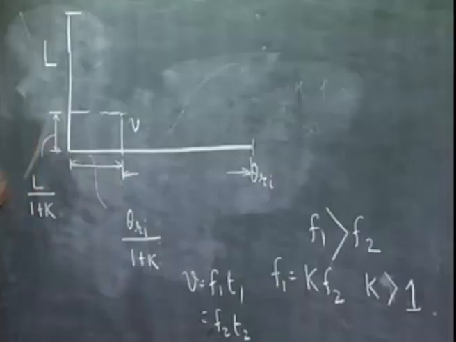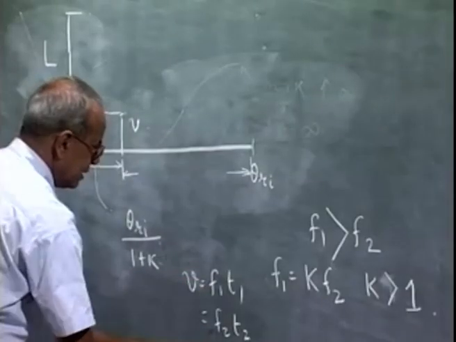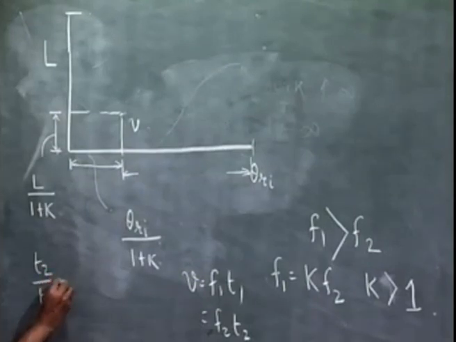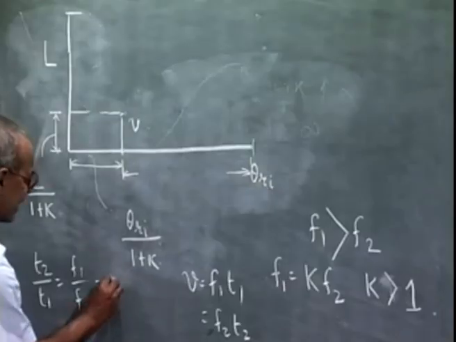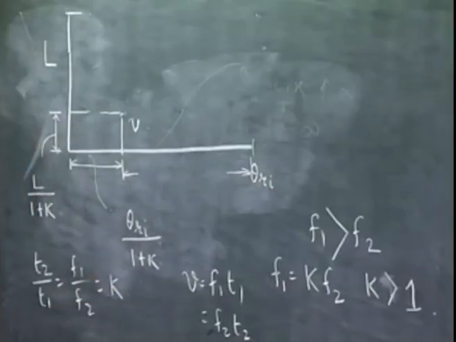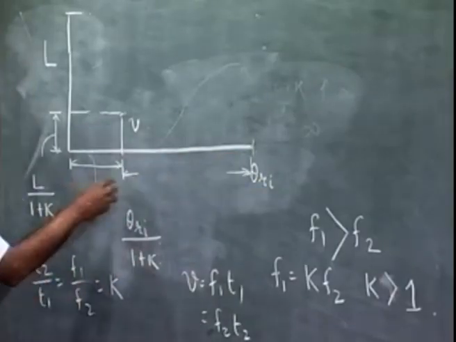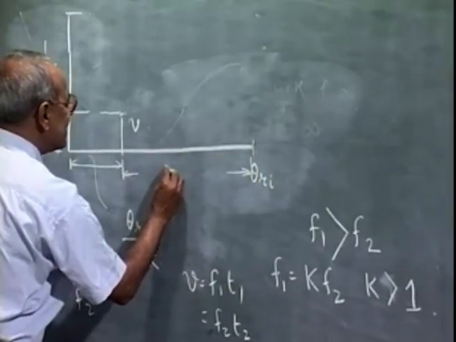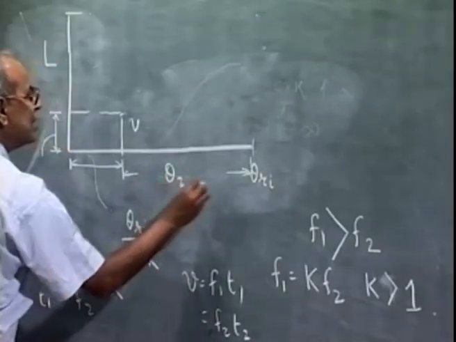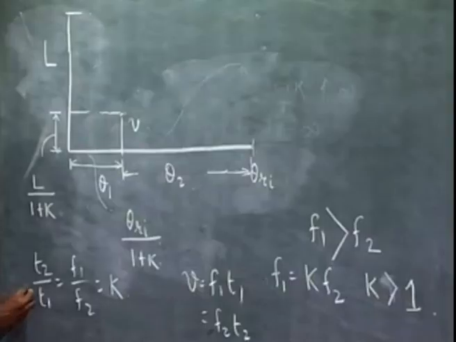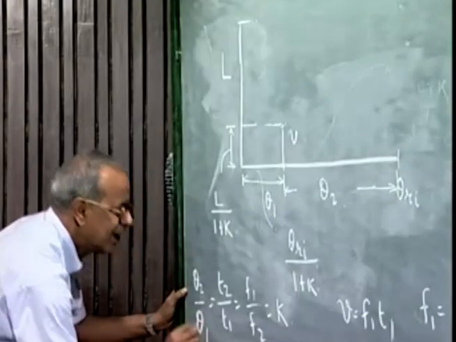But theta and time are proportional. So you can see t2 by t1 is f1 by f2 is equal to k, and t1 plus t2 is the total time. So we can write, if this I call theta 2 and this I call theta 1, then theta 2 by theta 1, which is same as t2 by t1, is k.